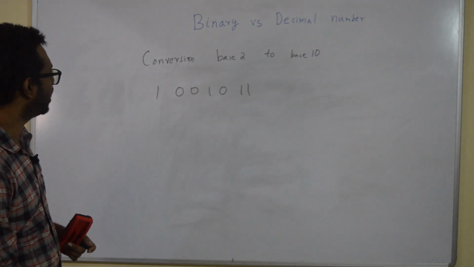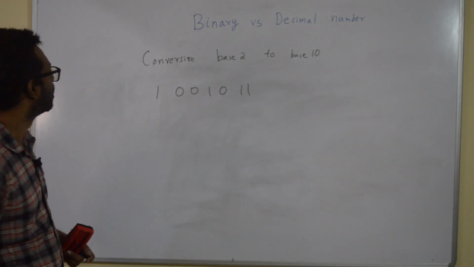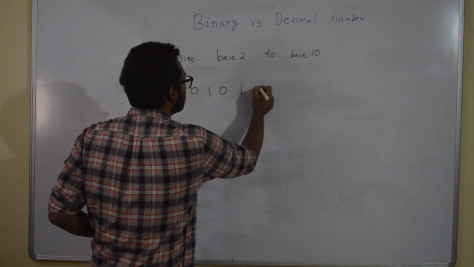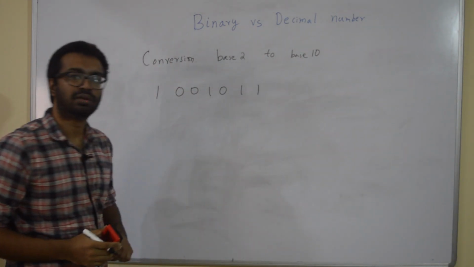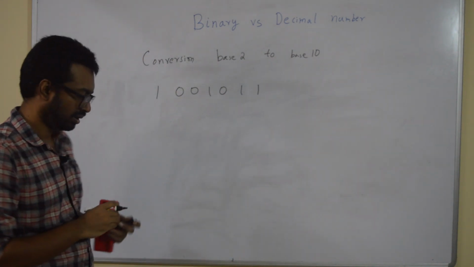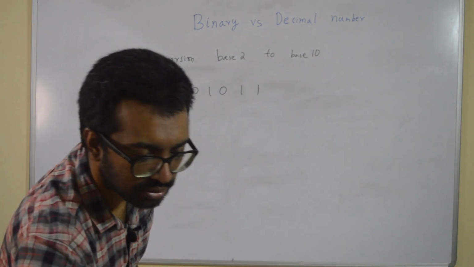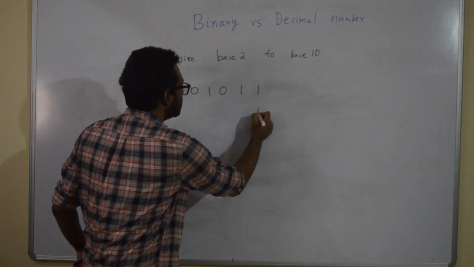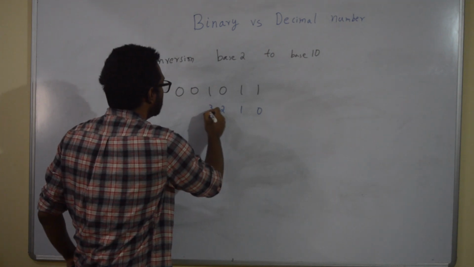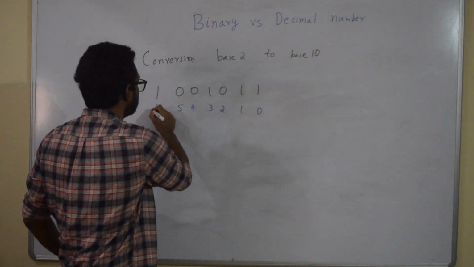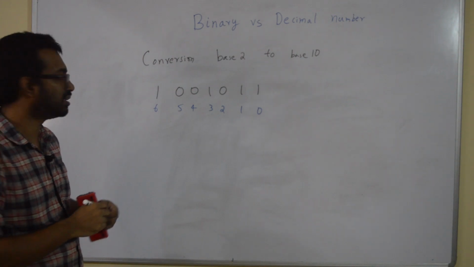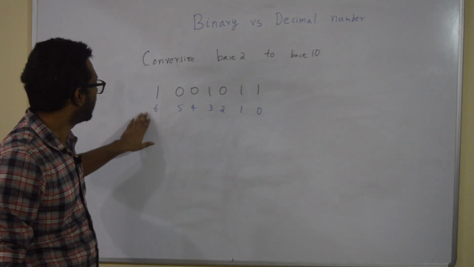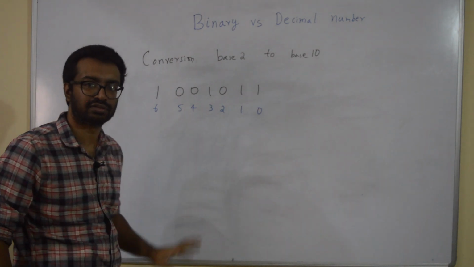What I do first is the following. I'm going to write 0, 1, 2, 3, 4, 5, 6 below it. This is the number I want to convert from binary to decimal, and I've just written 0, 1, 2, 3, 4, 5, 6 below it.